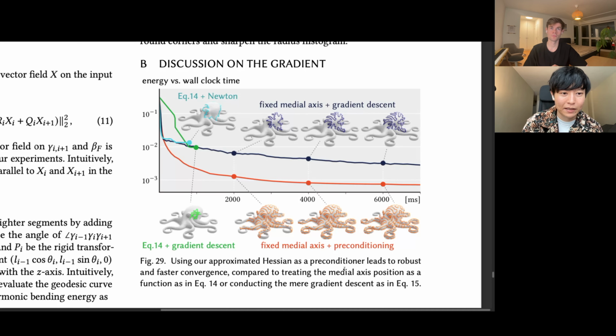So maybe you could see that the green plot and also the light blue plot are the result of our energy minimization if we move these medial axis points. And actually, we couldn't figure out why this doesn't work, and we don't have a definite thought about this.